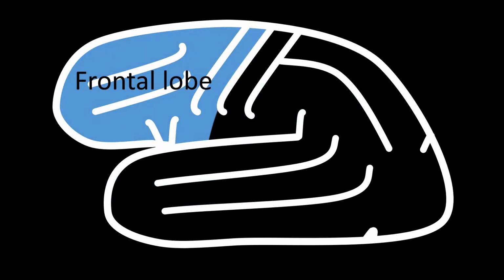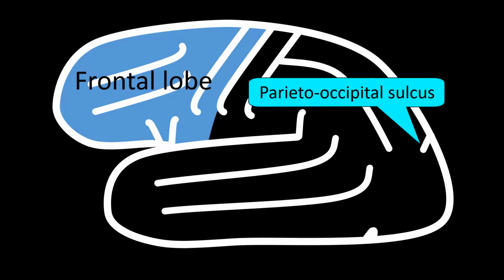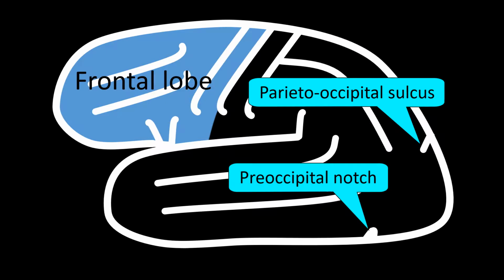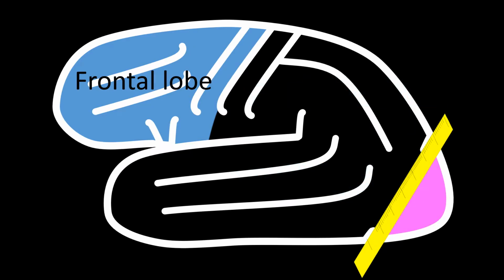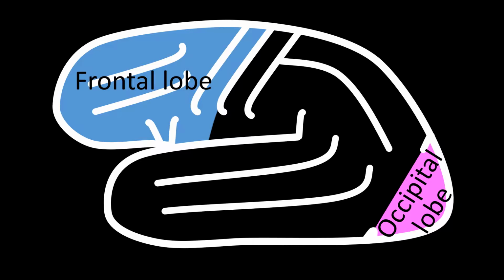In front of it is the frontal lobe. Now go to the parietal occipital sulcus and the pre-occipital notch. Draw a line between them. Behind is the occipital lobe.